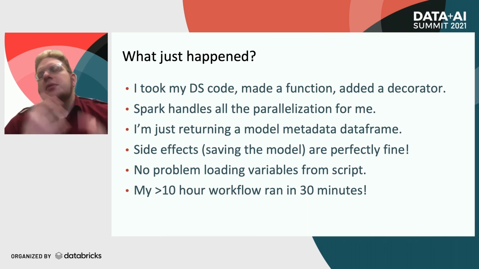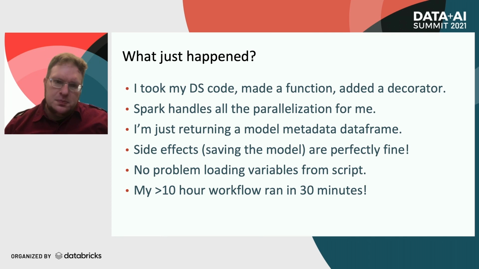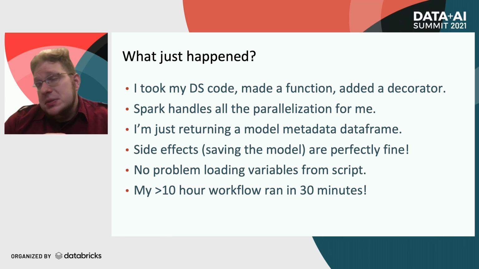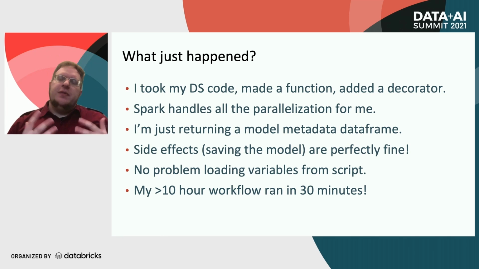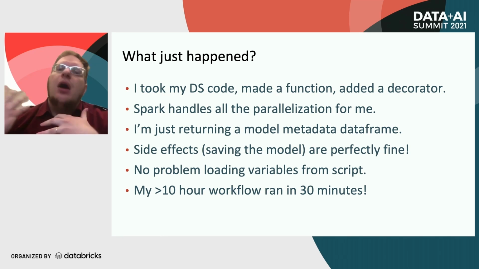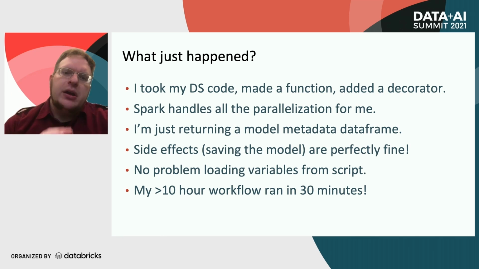I have taken my data science code, I just made it from a script into a function, I added a decorator, and messed around a little bit with return types. But that's all it took. I have moved from being able to fit one model to fitting all of my models and letting Spark handle all the parallelization for me.